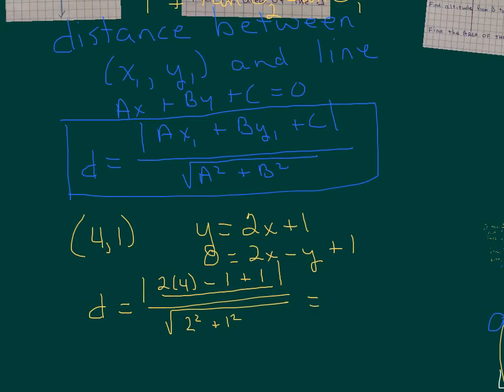So distance is equal to the absolute value of 8 over the square root of 5. And this is one of those cases when you may leave the square root in the denominator.